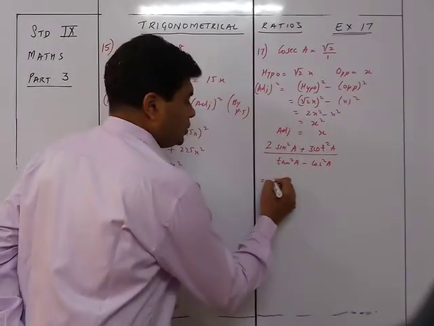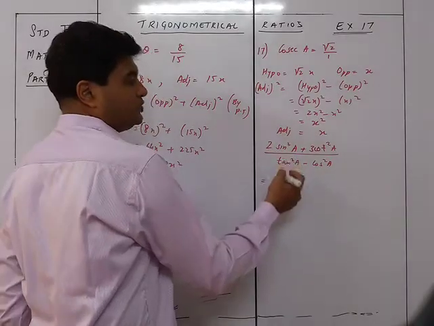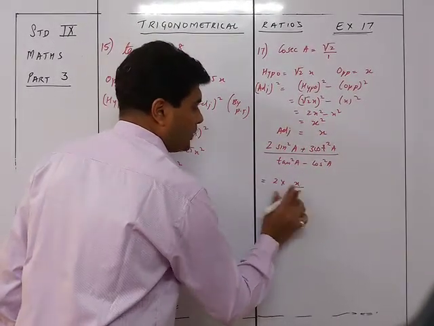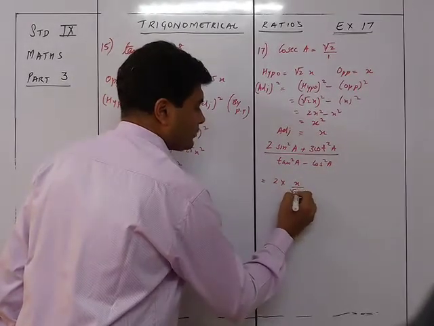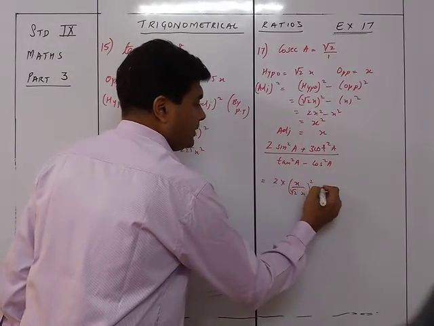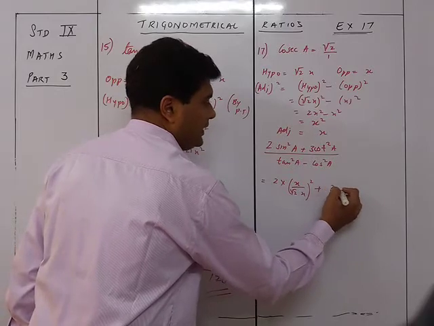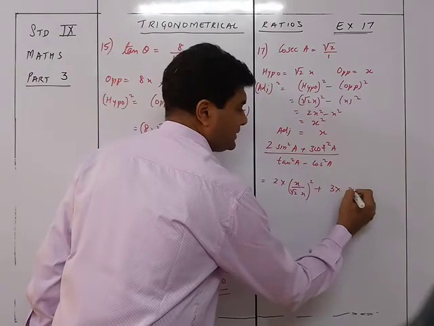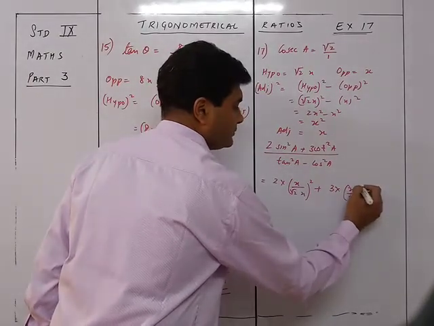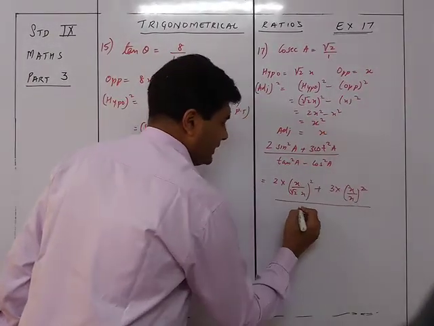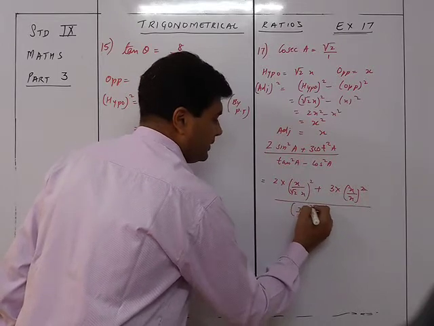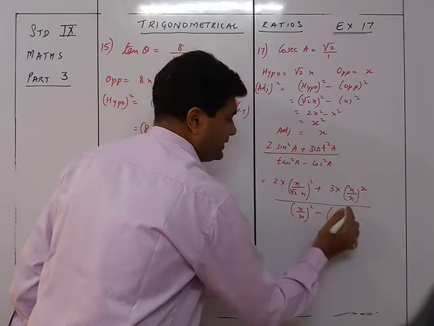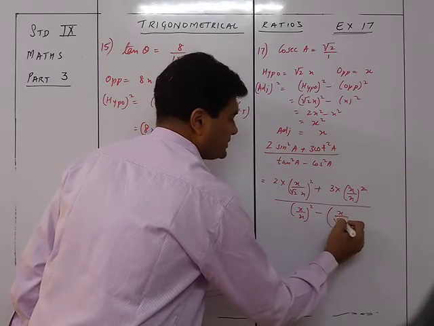So we have over here 2 into sine square A, which is nothing but x upon root 2x the whole square, plus 3 into cot square, where cot is nothing but x upon x, the whole square, upon tan square, again x upon x the whole square, minus cos square, which is x upon root 2x the whole square.